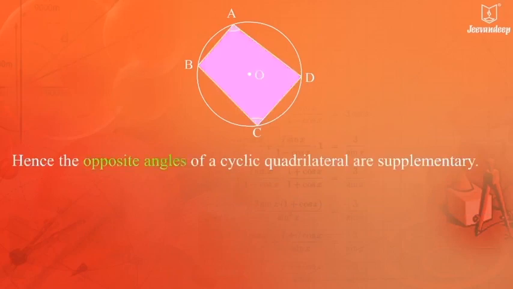Hence, the opposite angles of a cyclic quadrilateral are supplementary.